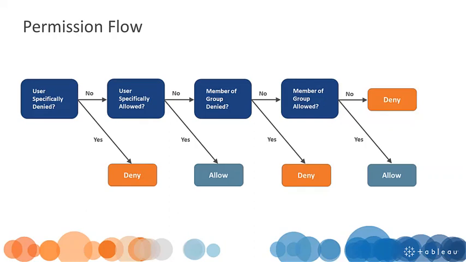Deny will always trump allow. User permissions will trump group permissions. And if at the end of this flow, no one has specifically been given access or specifically been denied access, they will end up being denied, which is why that all users, none permission structure will result in inherent denial for anyone who isn't specifically given access.